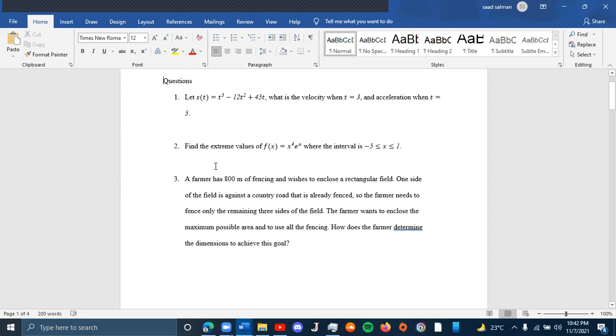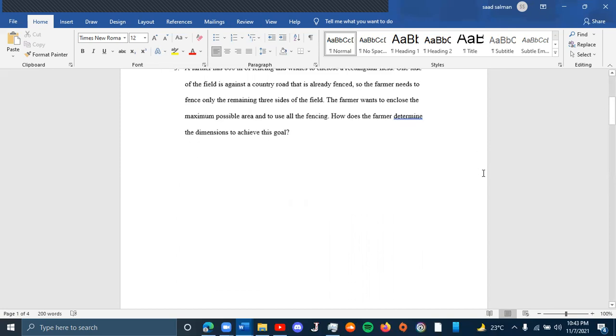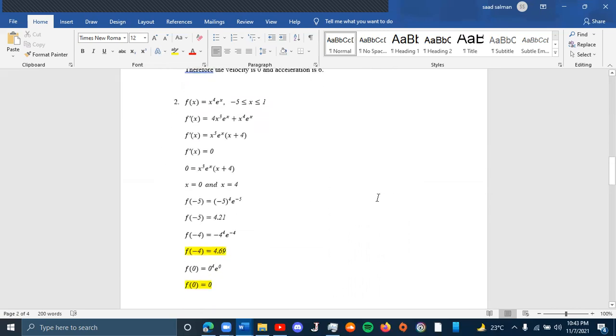Question number 2. Find the extreme values of f(x) = x⁴e^x, where the interval is −5 ≤ x ≤ 1. So we'll start with the equation f(x) = x⁴e^x, −5 ≤ x ≤ 1.